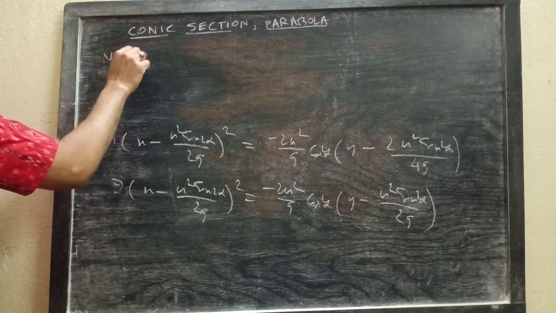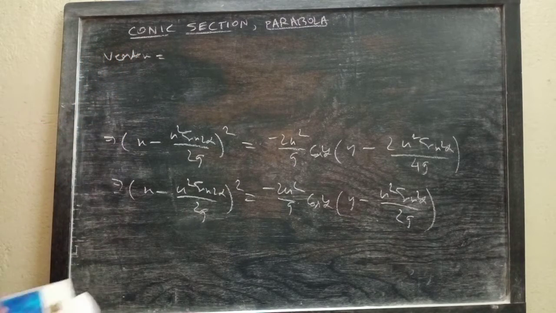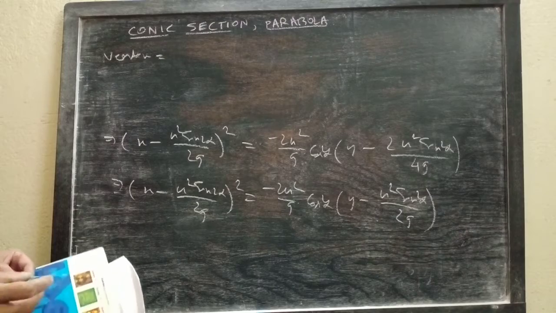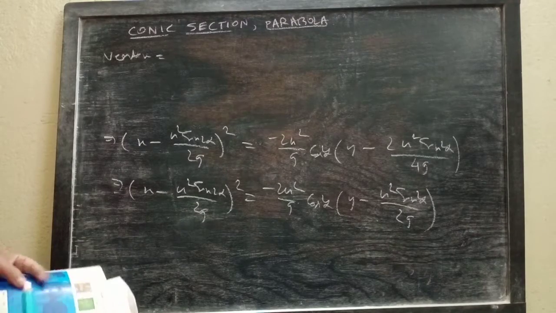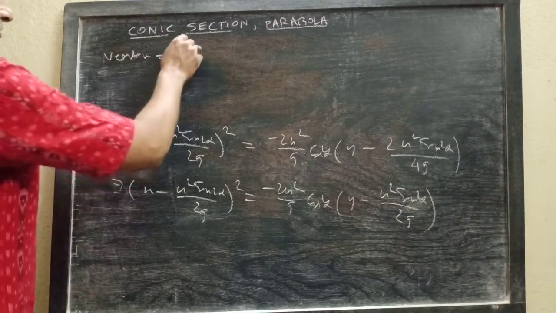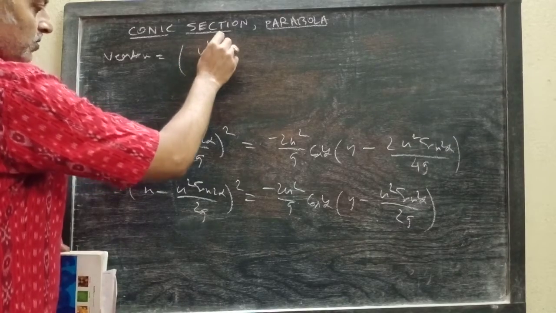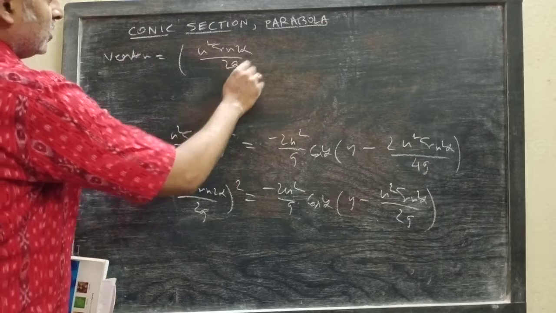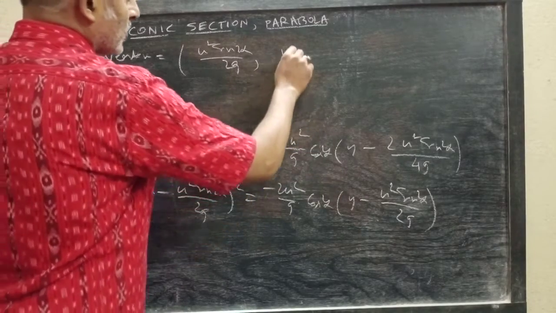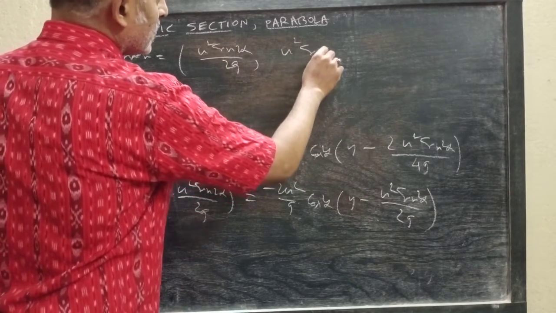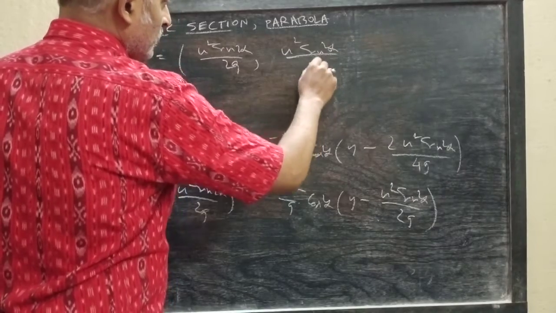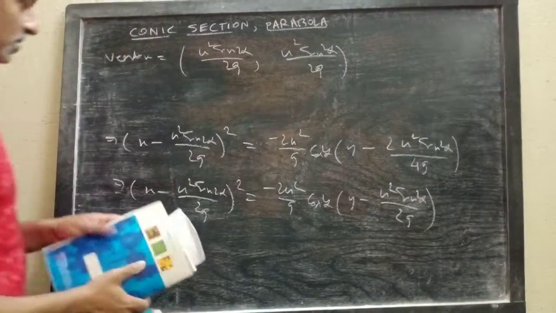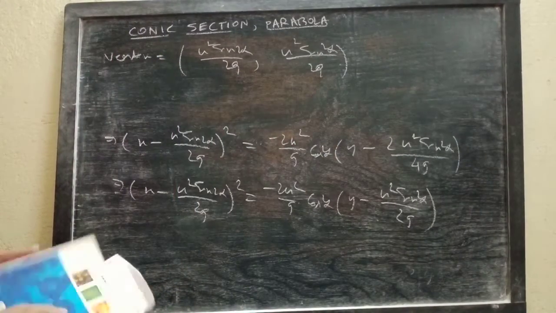Vertex is 0, 0, that is big X equals 0, big Y equals 0. So you finally get the vertex as u square sin 2 alpha by 2g comma u square sin square alpha by 2g. This is the vertex.